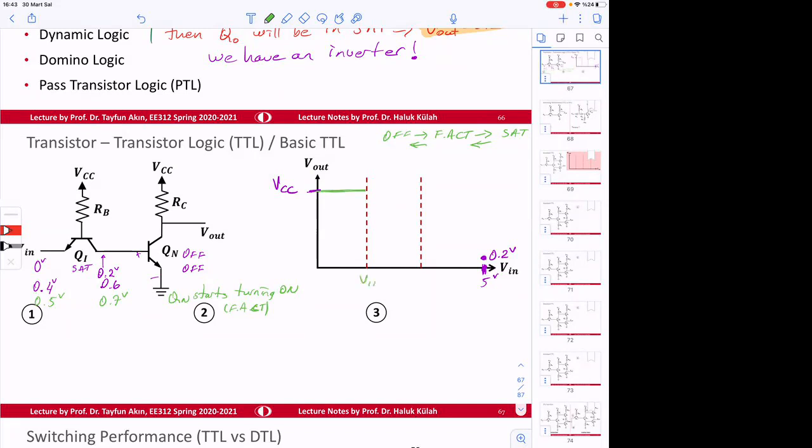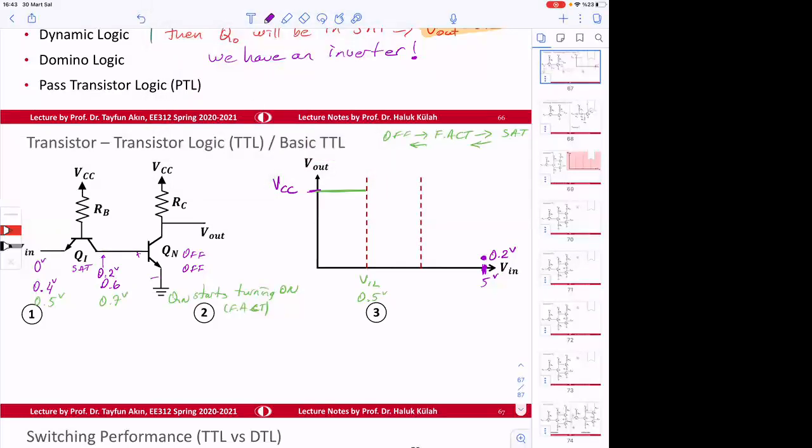So this is going to be V input low, and that value is equal to how much? 0.5. 0.5. Yes. Thank you. Okay. So what happens if I apply here?